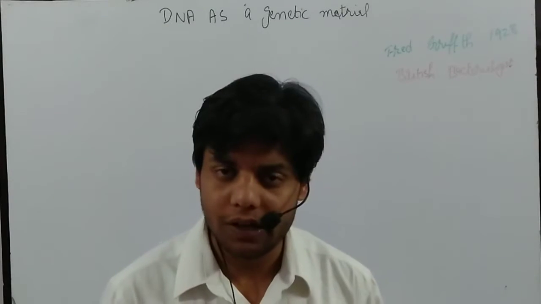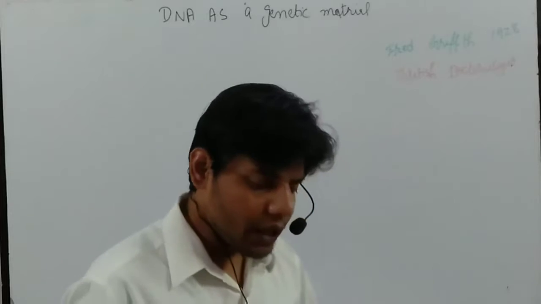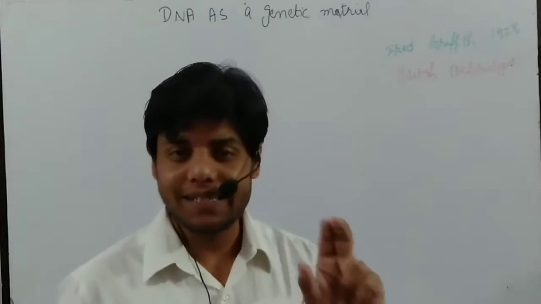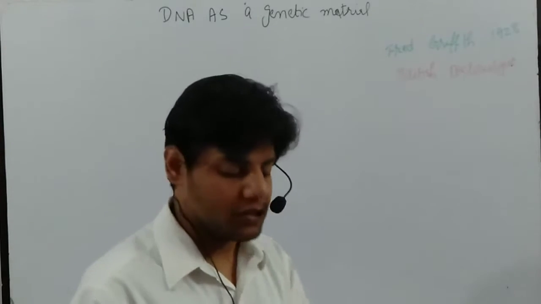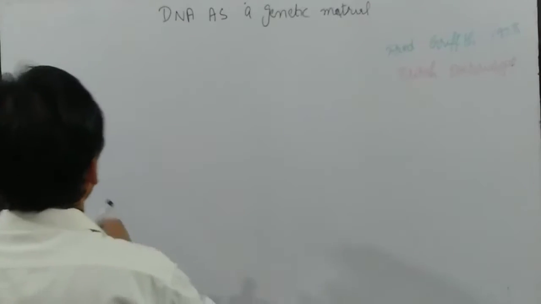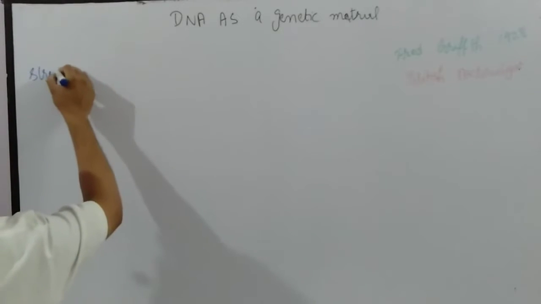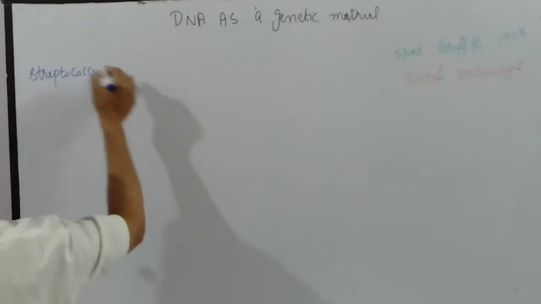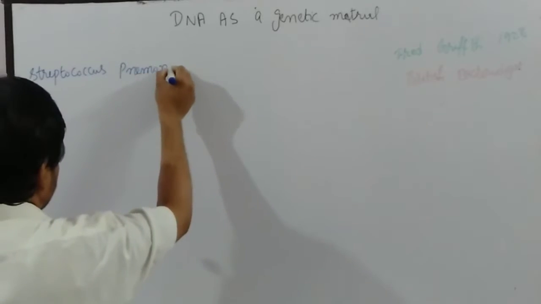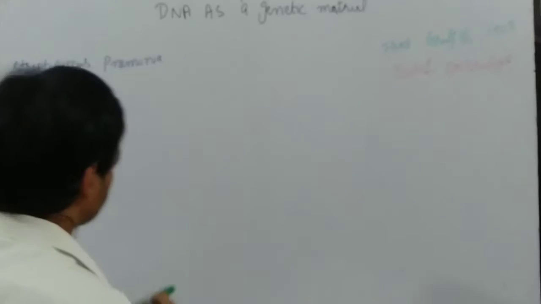Now, how did he prove that DNA is a genetic material? In 1928, he used a bacterium called Streptococcus pneumoniae. There are two strains of Streptococcus pneumoniae that he used.